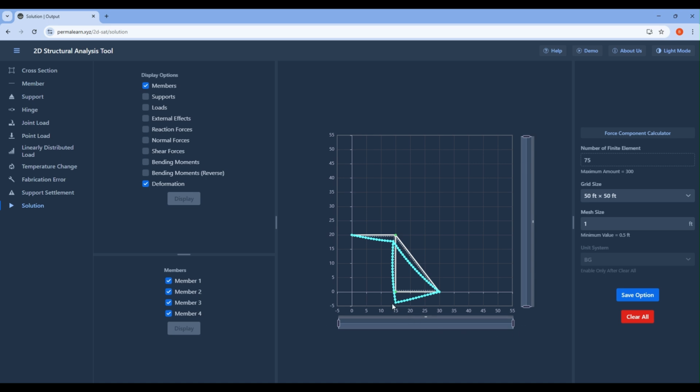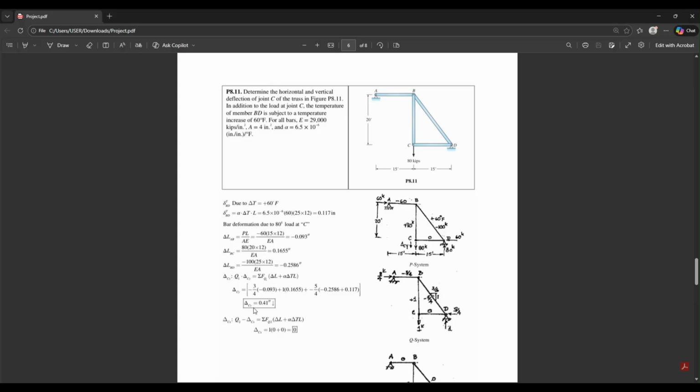At point C here, it deflects horizontally equal to 0, and vertically it deflects 0.41 downward. So we need to check the solution. The vertical one is 0.41 downward, it's right, and the horizontal equal to 0, which means it is the same as the manual solution book.